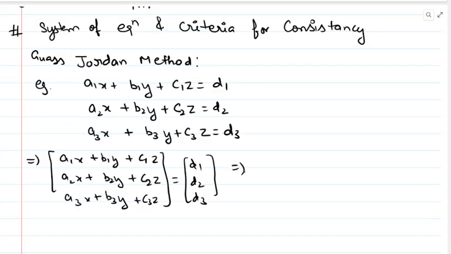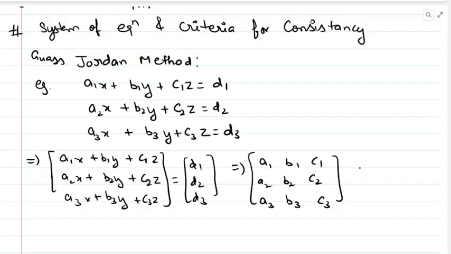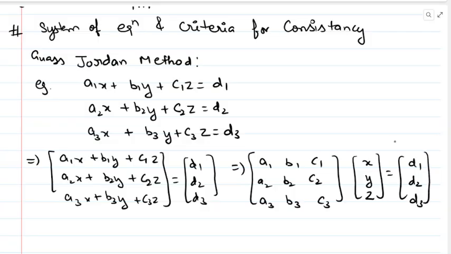And we can write it as the matrix a1 b1 c1, a2 b2 c2, a3 b3 c3 times x y z is equal to d1 d2 d3.